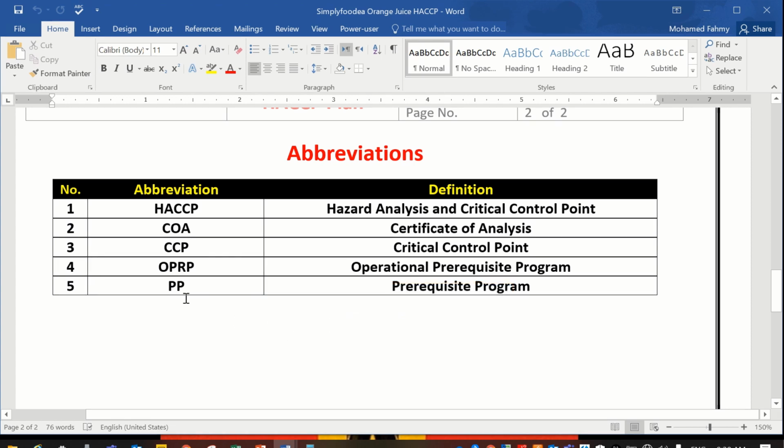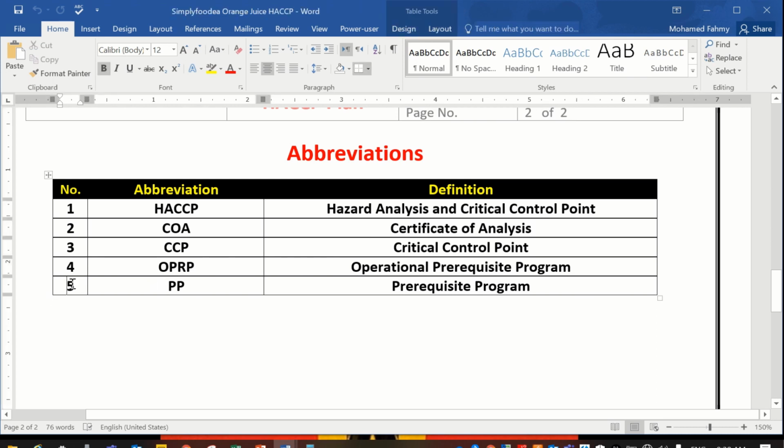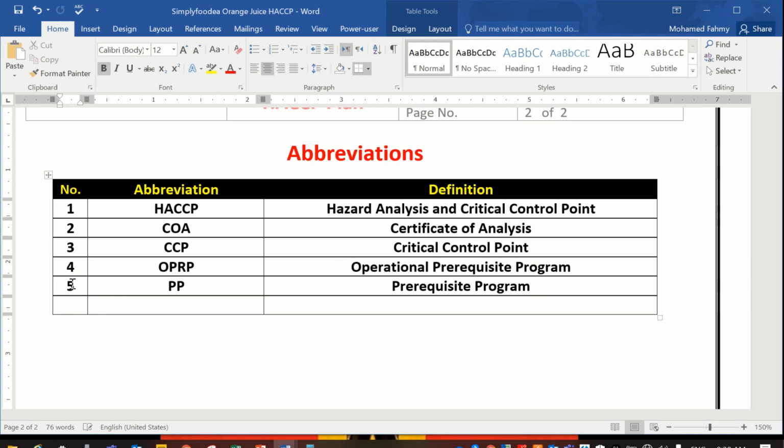Today we'll continue the abbreviations table. So when we click here, tab number 6, we will write some abbreviations like VP, which stands for vegetative pathogens.